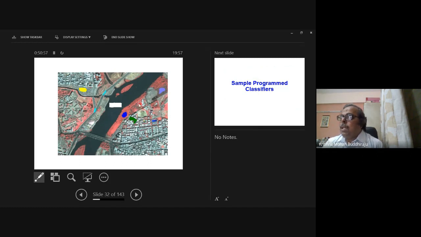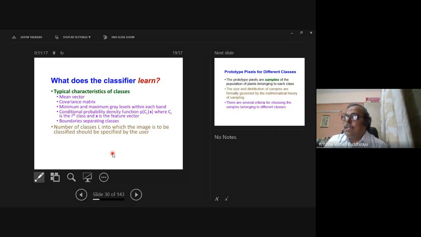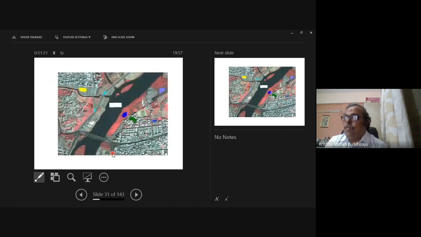So practically, how do you select the samples to display the image? You should have some familiarity with the area, so you can mark these sample areas for each class, with which you will be able to build all these things, compute all these things, and go ahead with the classification.